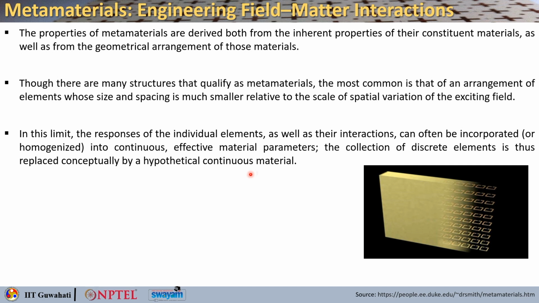The collection of discrete elements is thus replaced conceptually with a hypothetical continuous material, and this is where the concept of metamaterial comes from. So, you basically have a collection of discrete materials, but conceptually you can think of a homogeneous hypothetical continuous material giving you effective permeability and permittivity.